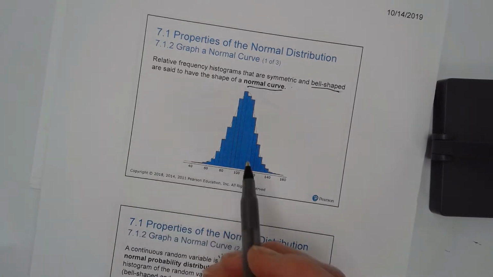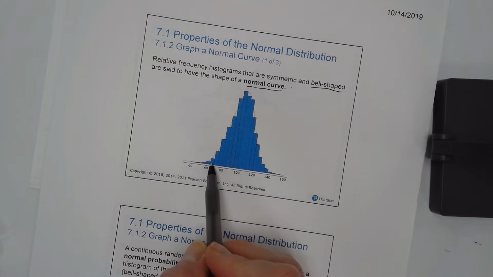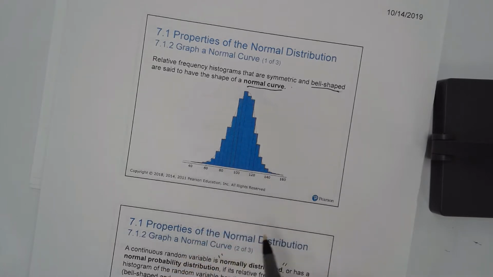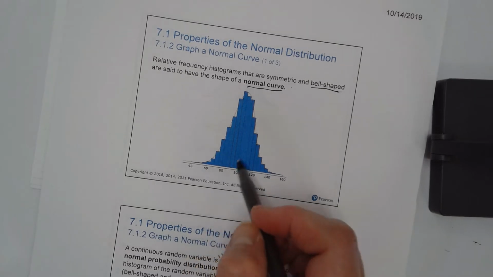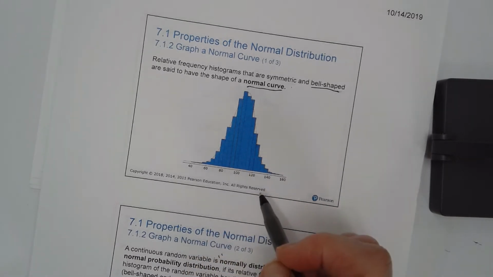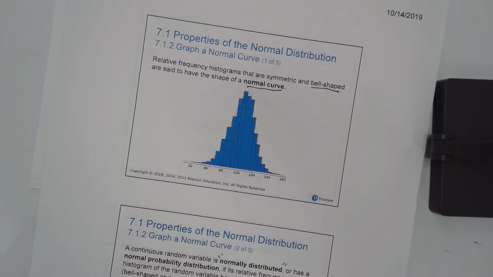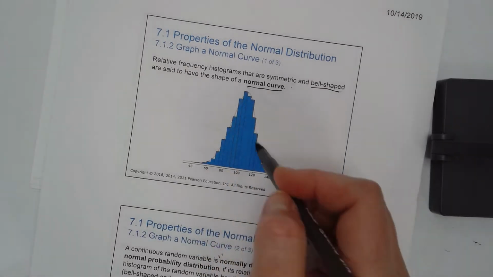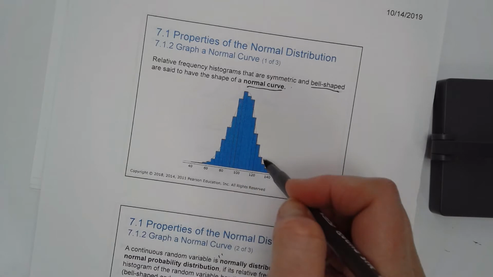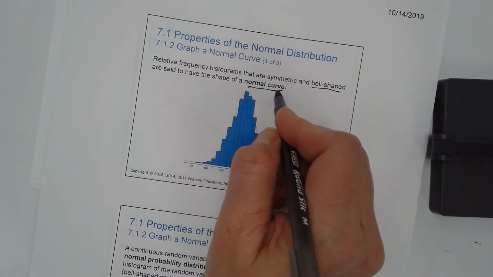Continuous means these variables can have all possible values in between, and that's why these bars are touching, because it's a histogram. Bar charts, they don't touch. Histograms, they do. Bar charts are for discrete data; histograms are for continuous data. So if you make a histogram and it ends up being bell-shaped like that, then we say that's a normal curve.